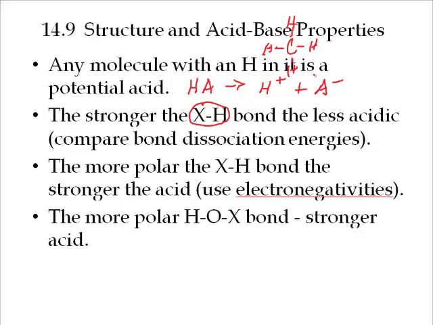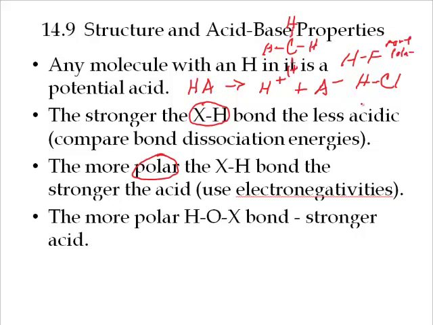But the other thing that's important, if you can imagine things like HF and HCl, is how polar it is. The more polar, the stronger the acid. So if you look at the difference between HF and HCl, HF is going to be more polar, right?